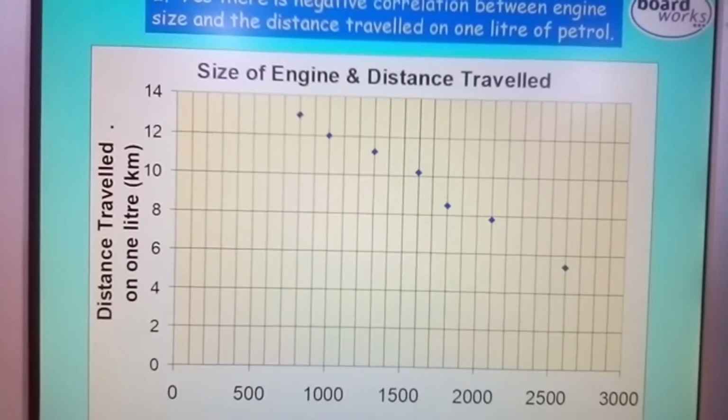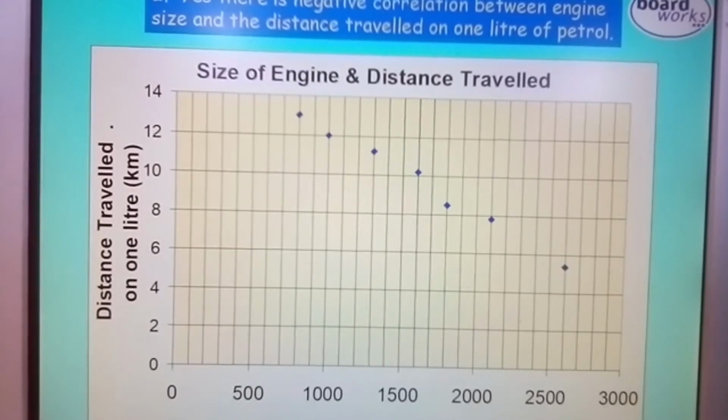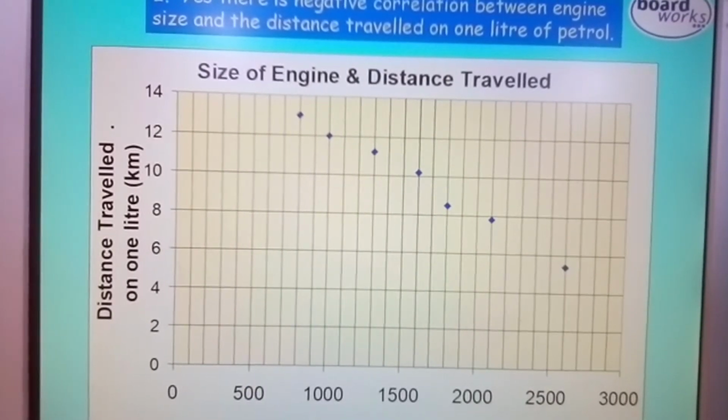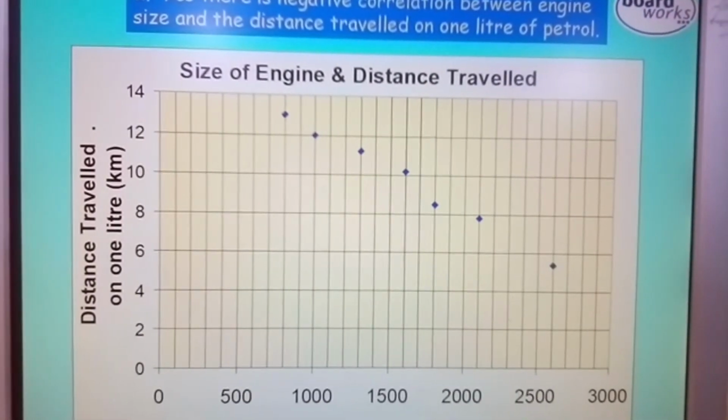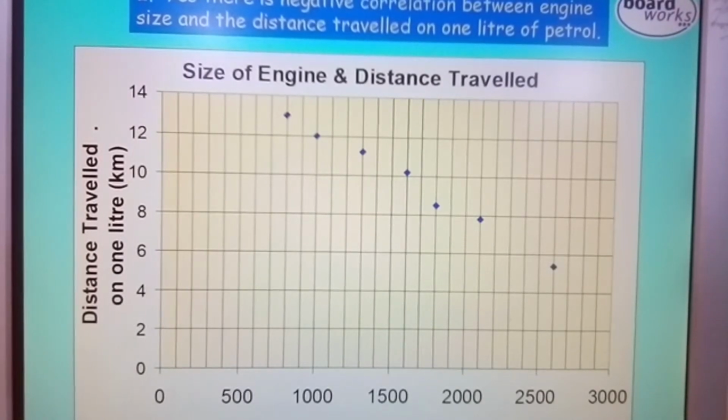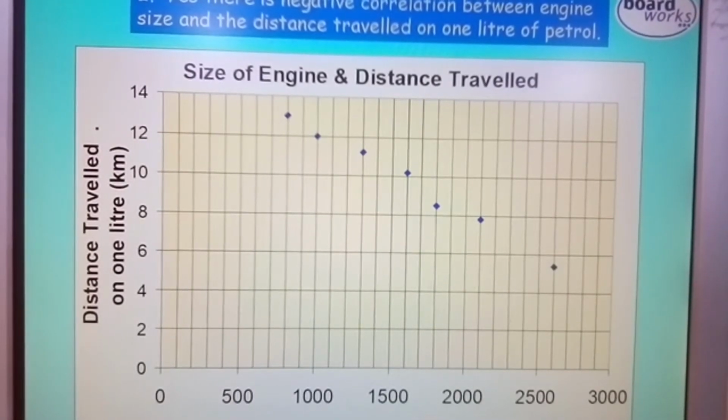Now I have no idea why they've put engine size as milliliters when in my view it should be cubic centimeters, because engine size is measured in cubic centimeters, but maybe milliliters would be the fuel used.